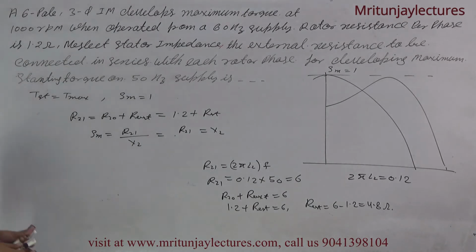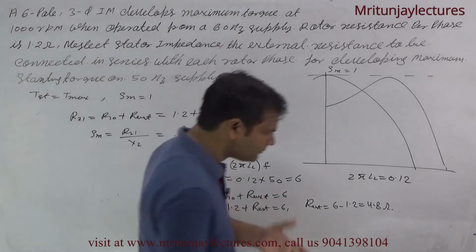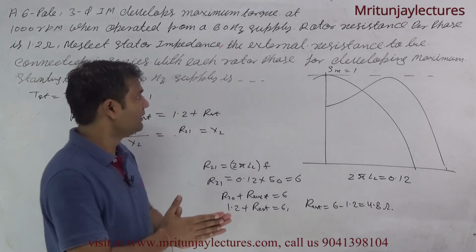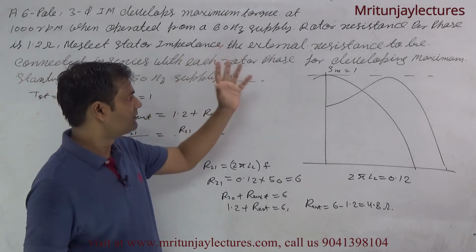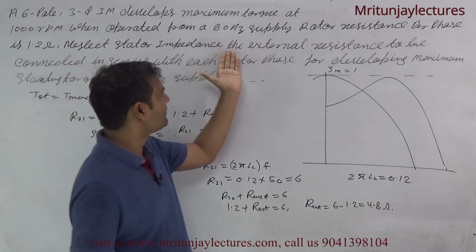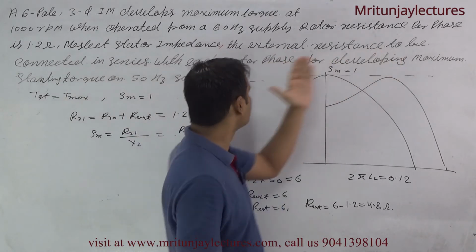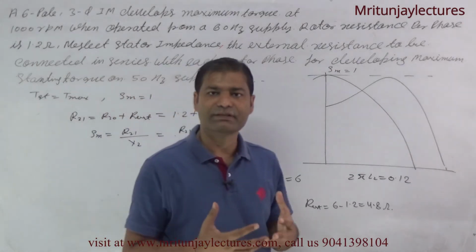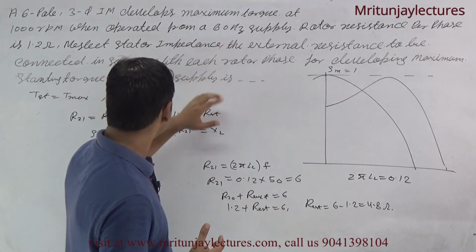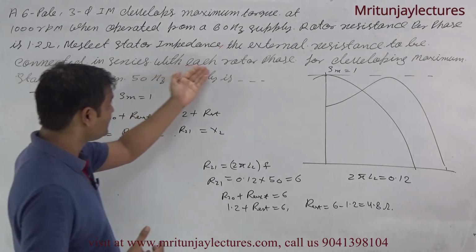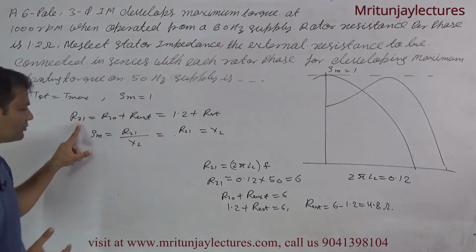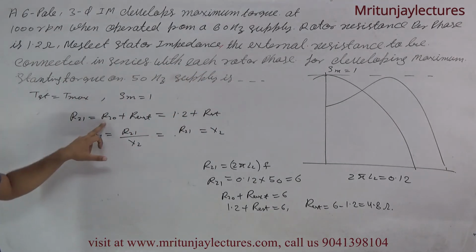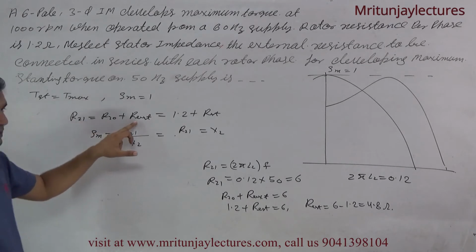Clear? If any doubt, what I am saying is that in the previous question we have added some part: the external resistance to be connected in series. Some external resistance is connected in series in the rotor with each rotor phase, which means R2 changes to R20 plus R external.